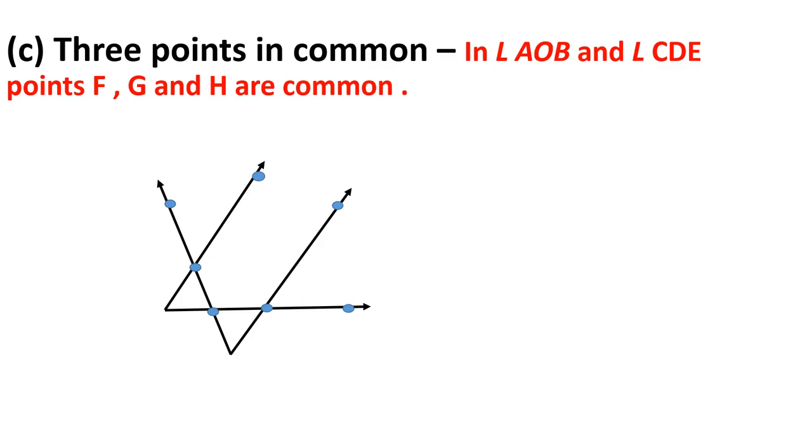Again look at the figure carefully. Angle AOB and angle CDE, point F, point G and point H. These are the 3 points which are coming in both the angles.